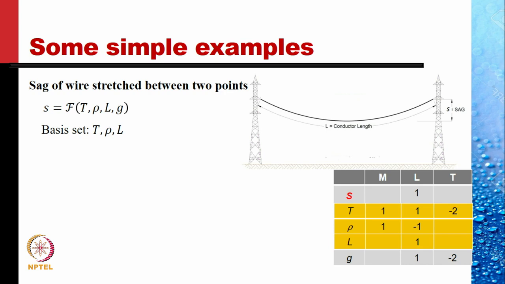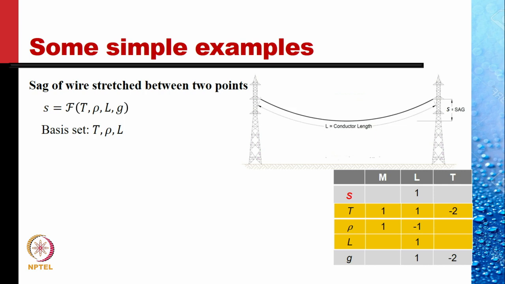This basic set makes sure that it is complete and independent. We cannot form a non-dimensional group out of these three. Powers of these three multiplied together will not give you a non-dimensional group.